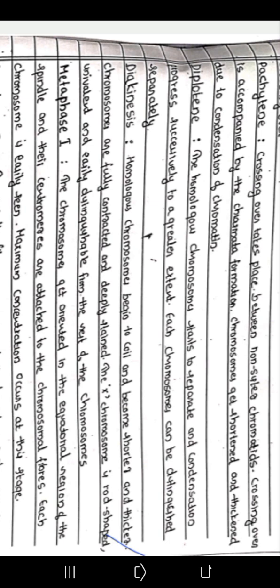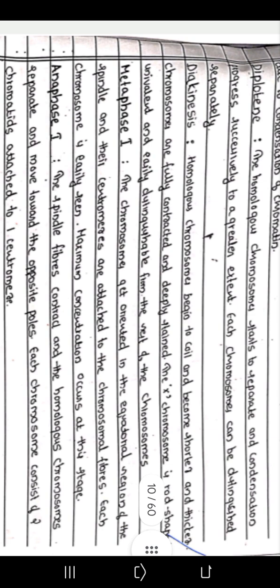Each chromosome can be distinguished separately. Then diakinesis. Homologous chromosomes begin to coil and become shorter and thicker. Chromosomes are fully contracted and deeply stained. The X chromosome is rod-shaped, univalent, and easily distinguishable from the other chromosomes.